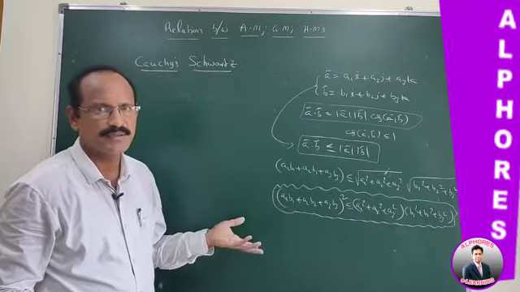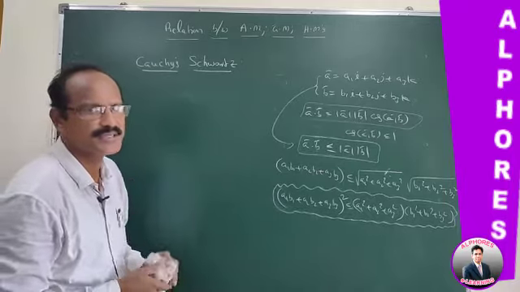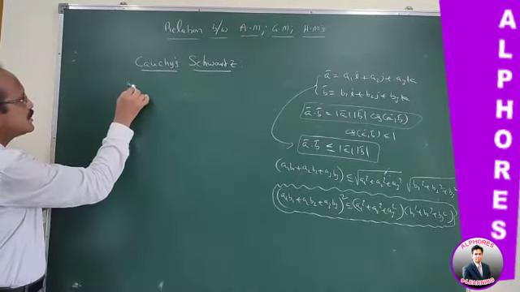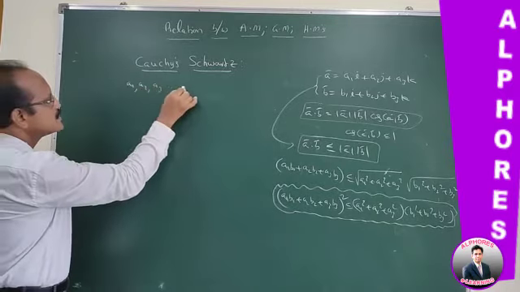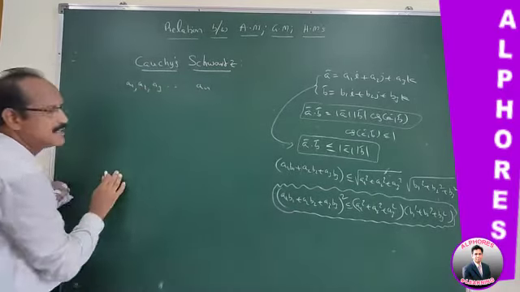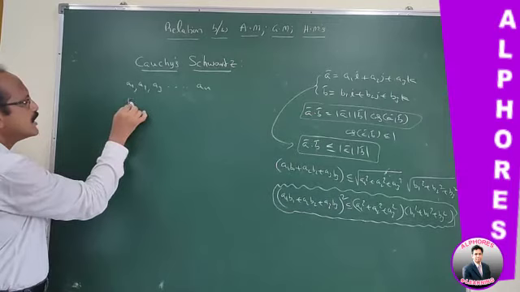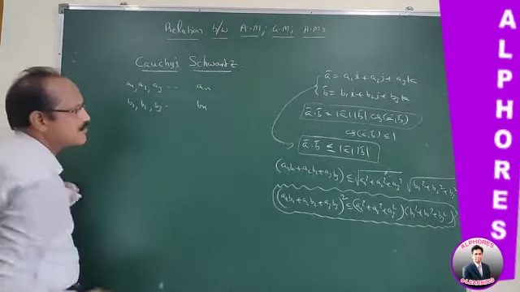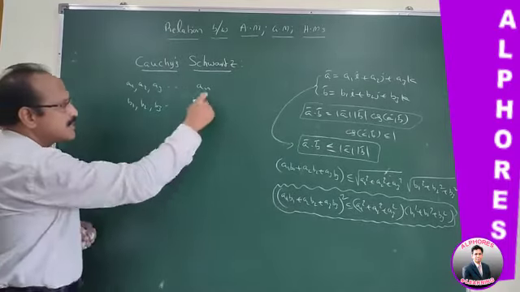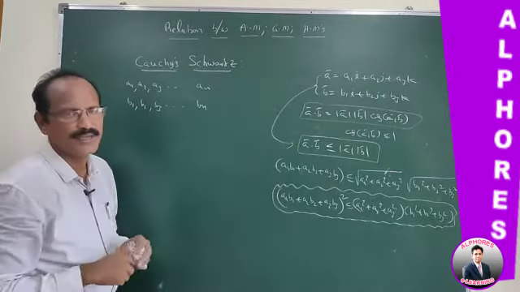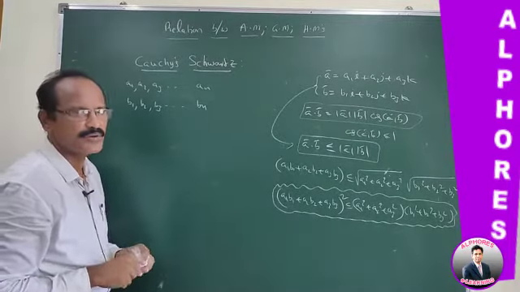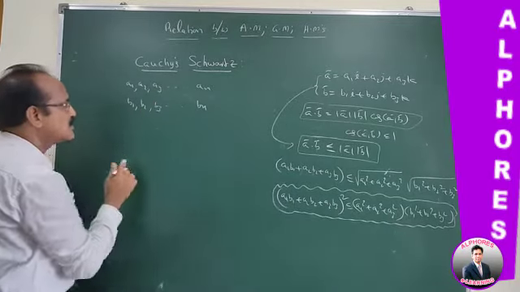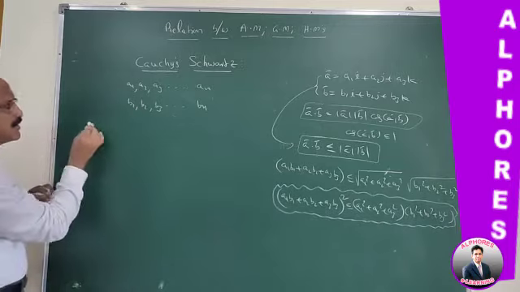In algebra, we can state the Cauchy-Schwarz inequality in this manner. Suppose A1, A2, A3, and so on up to An are a set of real numbers, and B1, B2, B3, and so on up to Bn are another set of n real numbers, totally 2n real numbers. According to the Cauchy-Schwarz inequality, the relation among these is given in the same manner.